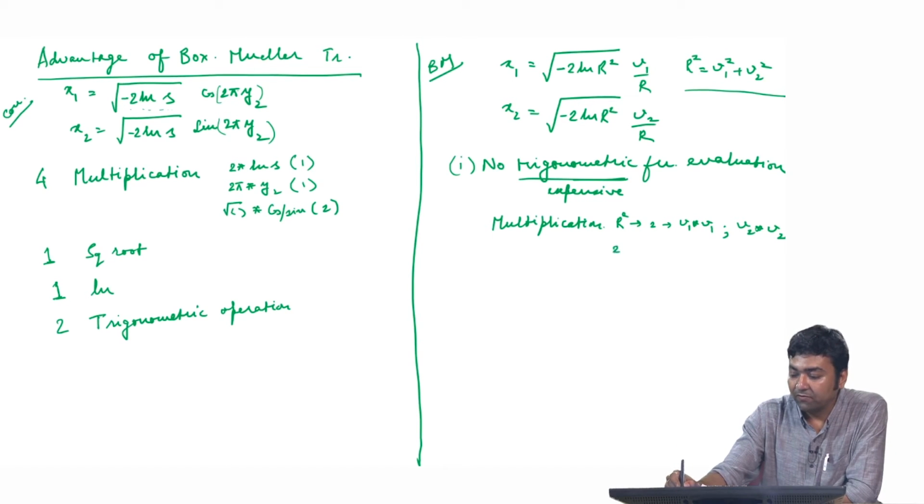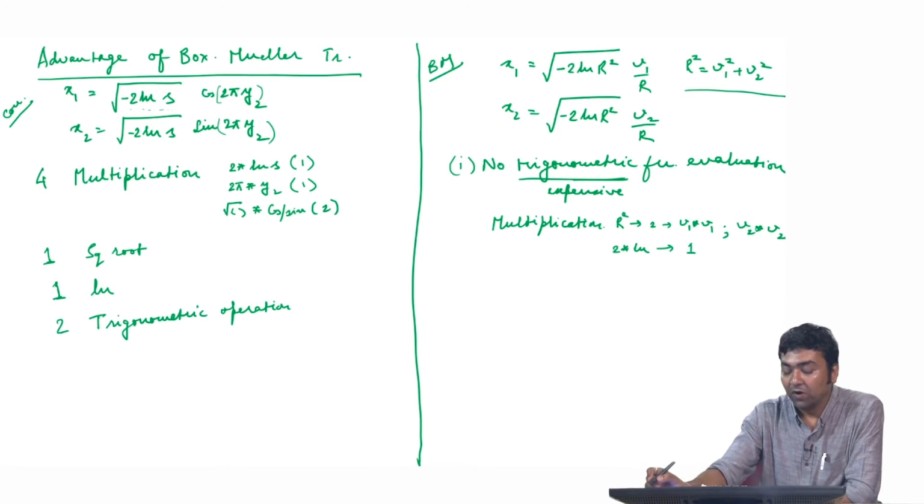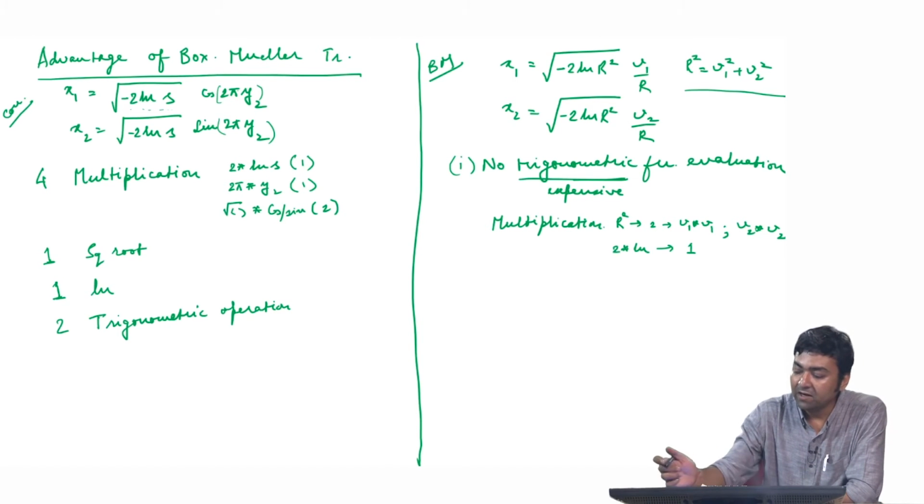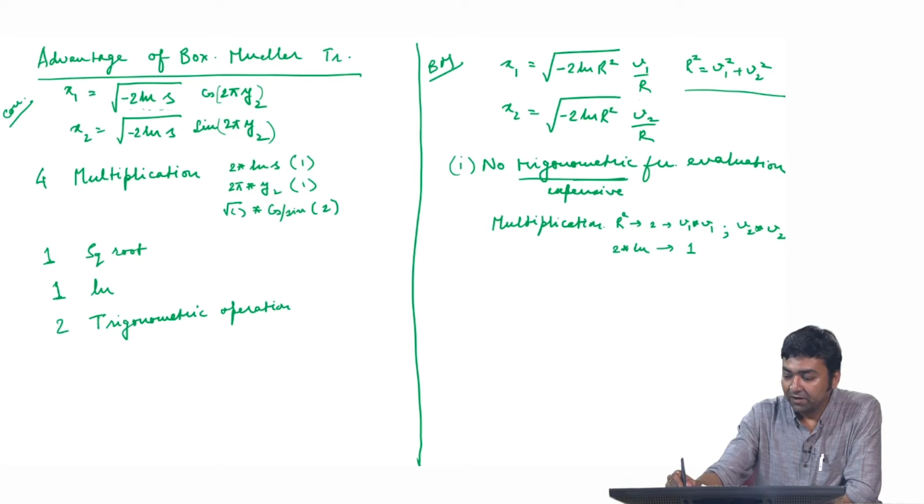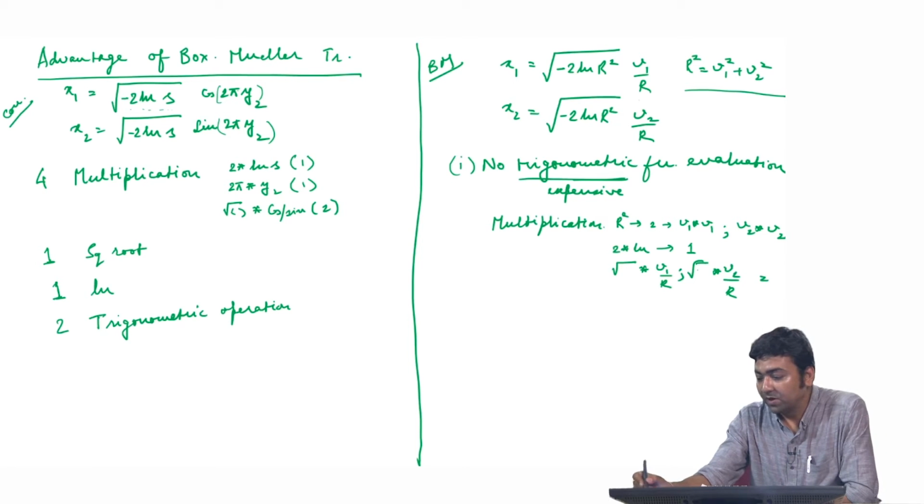So, we need to have 2 star log. This multiplication we do once, and then we need to do 2 more multiplications: the product of the term under the square root with this fraction, which we need to do for 2 different numbers. That is, the term under the square root into v1 by r, and the term under the square root into v2 by r. So, this is another 2 multiplications.